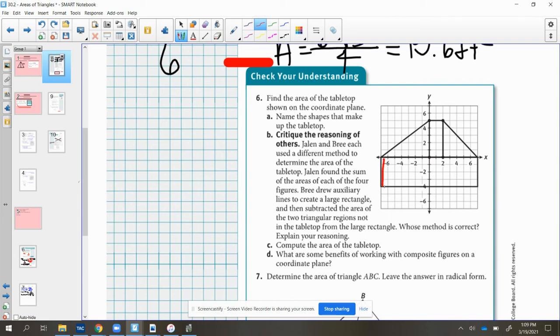The first piece, if we look here, we have a rectangle. Okay, and this rectangle has a height of 4, and the base is going all the way from -7 to +7. If you count these boxes, you would get a total of 14. And 4 times 14 is 56 square units. Okay, so that's our red box.